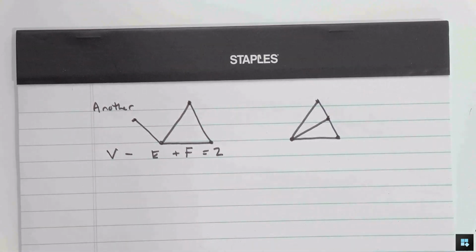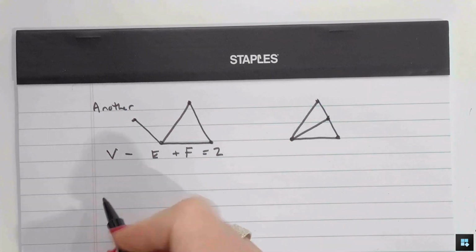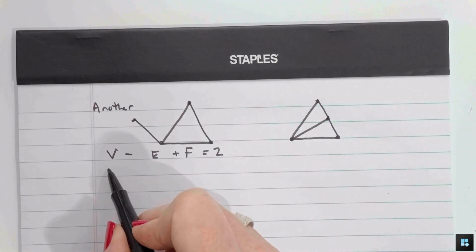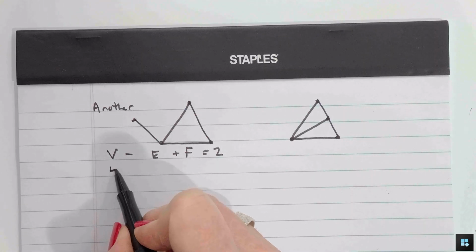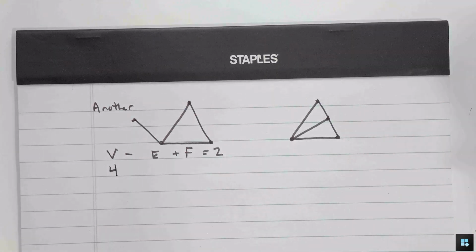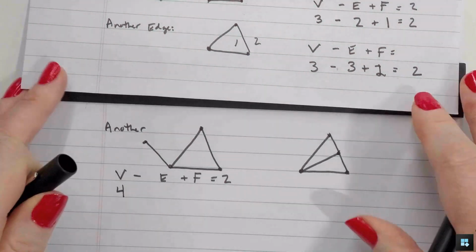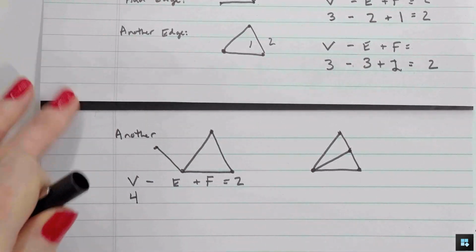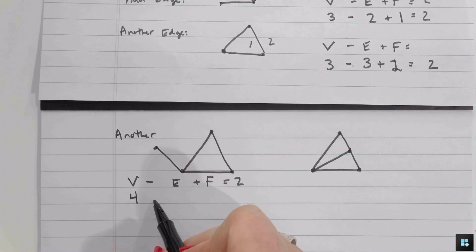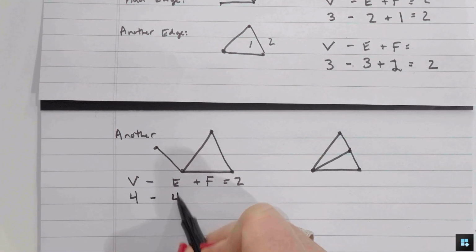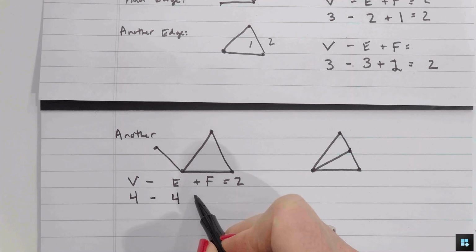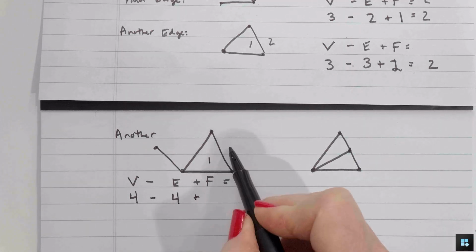So we're looking at why does vertices minus edges plus faces keep equaling 2? So this time we have 4 vertices, so that's one more than we had. We have 4 edges, so we added an edge, and we still just have the 2 faces, the inside and the outside.